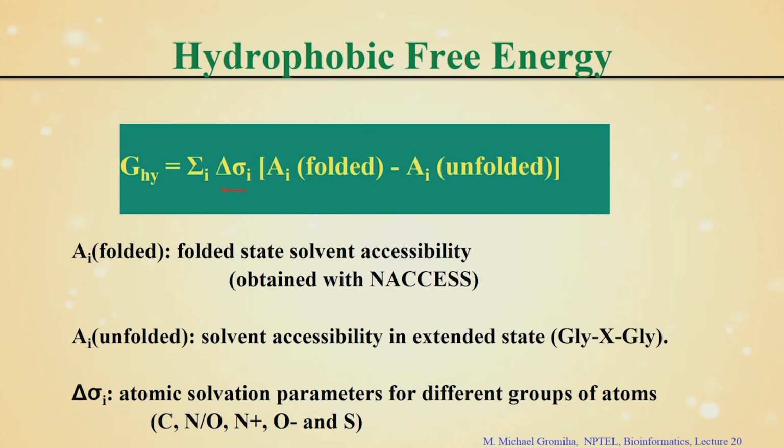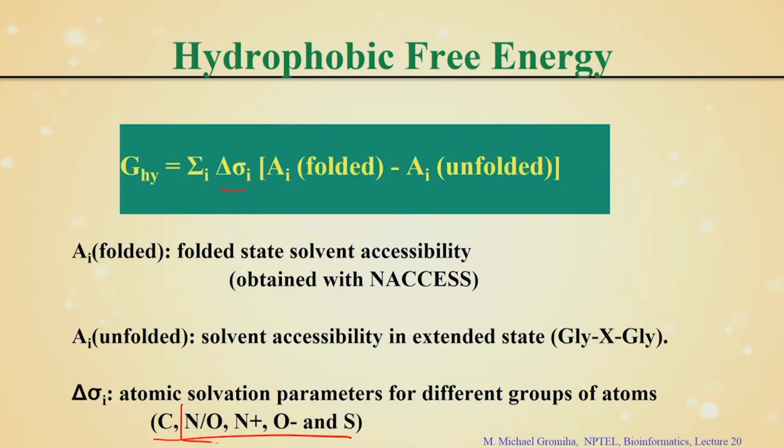Now, how to get these numbers? If you have these atomic solvation parameters, then we can calculate the free energy. For example, here I use 5 different types of atoms. What are the different atoms in protein structures? Carbon, nitrogen, oxygen, sulfur, and for nitrogen we have 2 different types, one neutral and one positively charged.